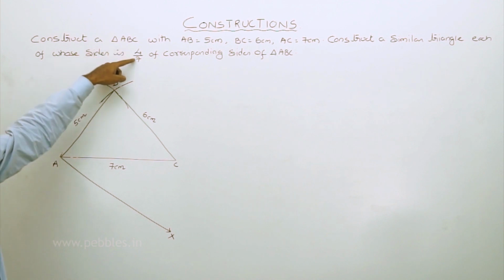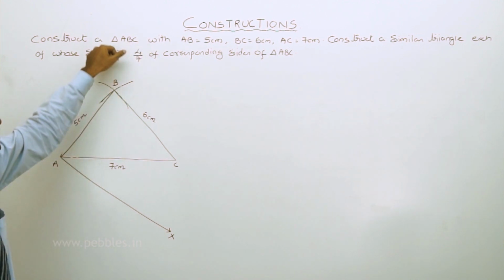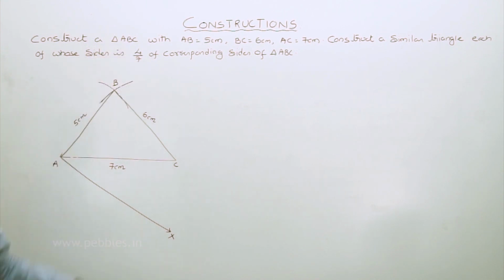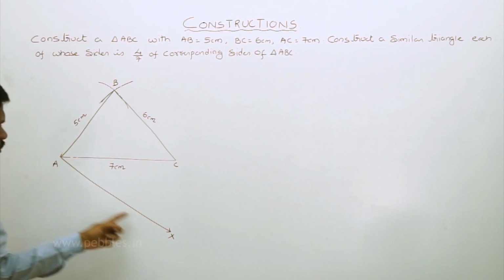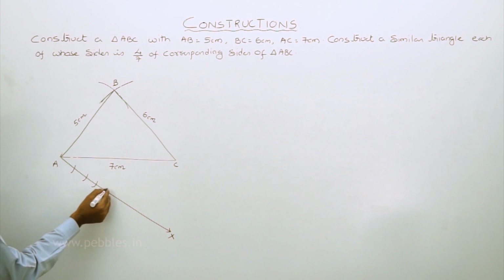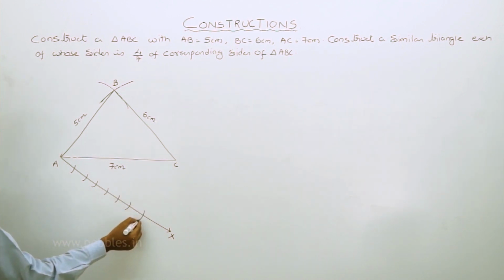Now our ratio is 4/7. While constructing triangles in this ratio, whichever part is more, that many equal parts you have to make on the acute angle. That is, you have to divide into 7 equal parts. 1, 2, 3, 4, 5, 6, 7.